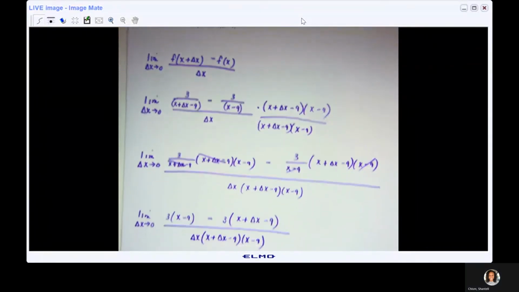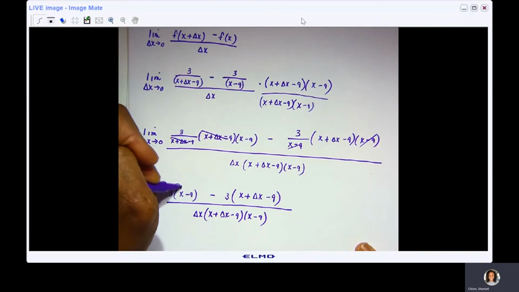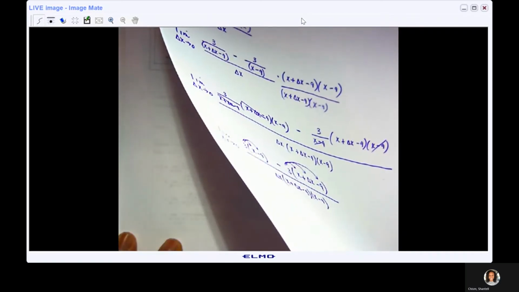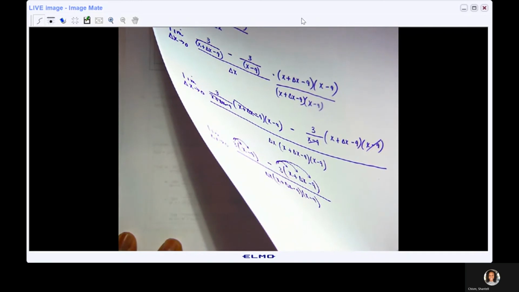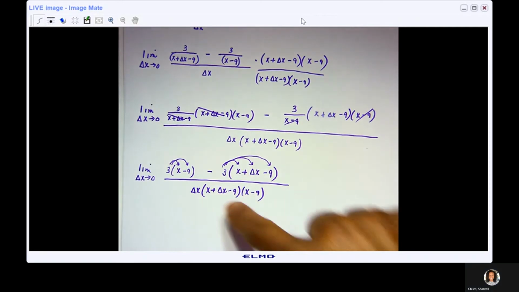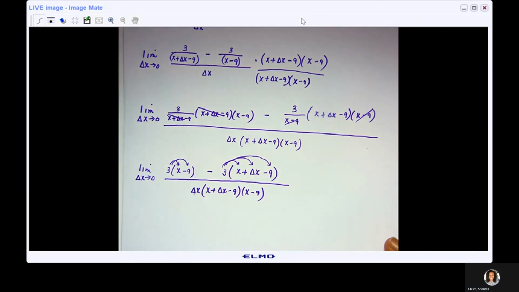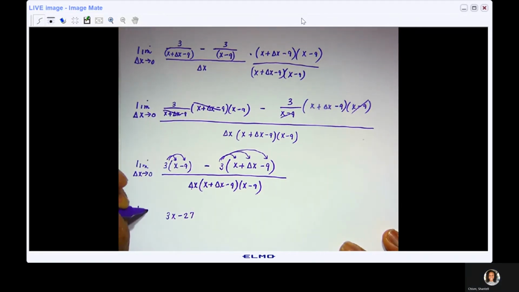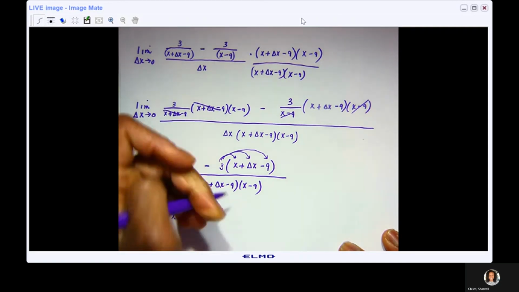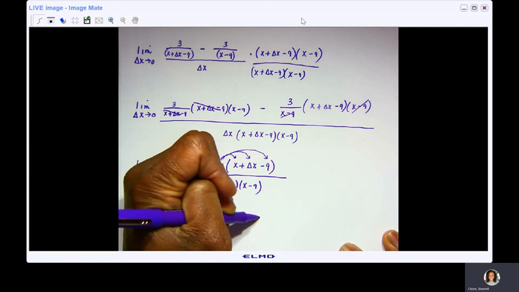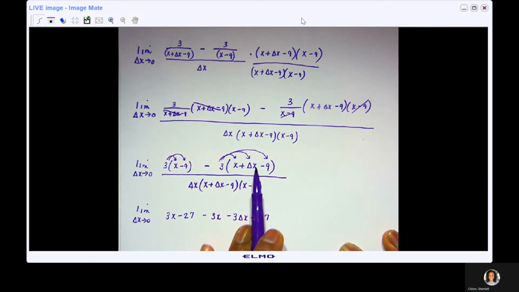So we are going to use the problem. I'm going to distribute here. And I still have this denominator. You may not worry about cleaning that. So I've got 3 minus 3 delta plus 1 minus 3.